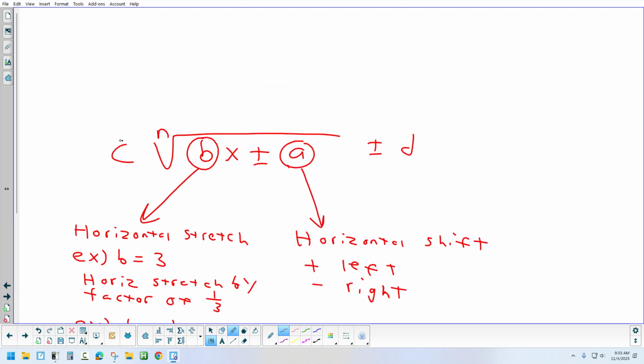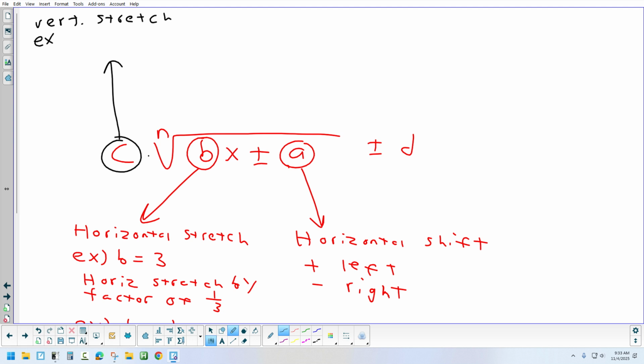All right, let's look at C. So C is like B, it's multiplication, but now it's on the outside. So any guess what kind of transformation C is going to be? Vertical stretch. It's a vertical stretch. And once we do the verticals, there's nothing backwards about them. They do exactly what you see.